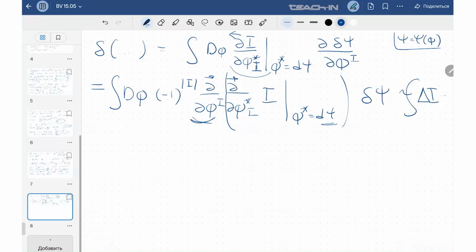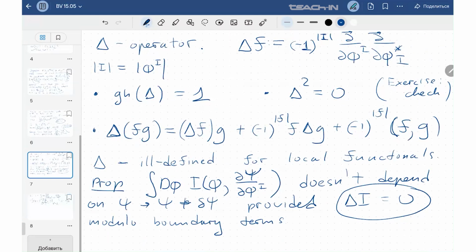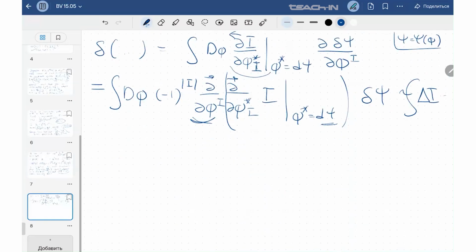So we have checked that our integral, like this, doesn't depend on the choice of psi, or at least not under a small variation of psi. Of course, if we change psi substantially, we can get something else because it's like a different equivalence class.